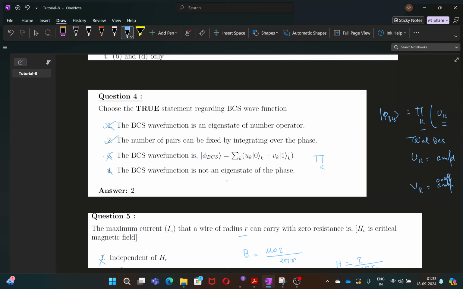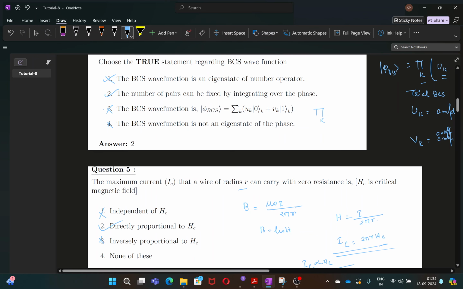That is why all the Cooper pairs in the superconductor have a single phase phi, and that is why they are called the eigenstate of the phase as well, because there is only a single phase for all the combined carriers of Cooper pairs. So that is why the BCS wave function is an eigenstate of the phase but not the number operator. So that is why option number 2 is correct.